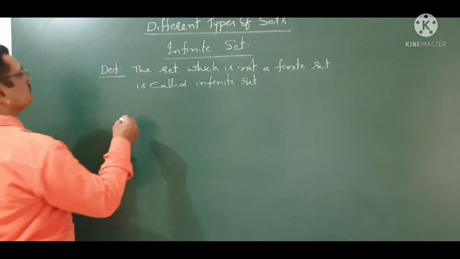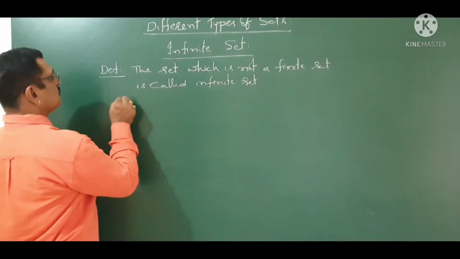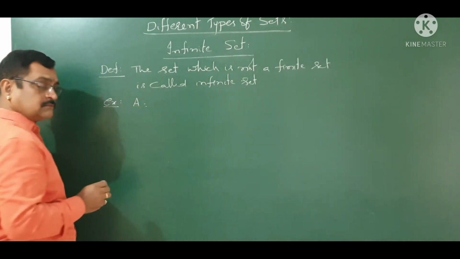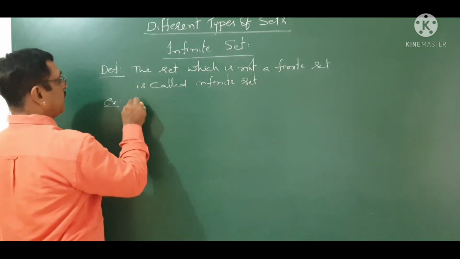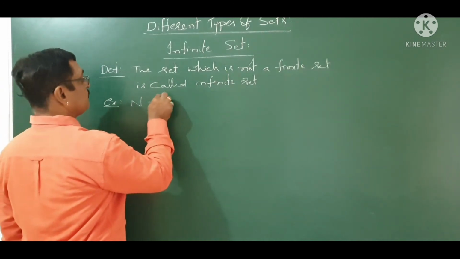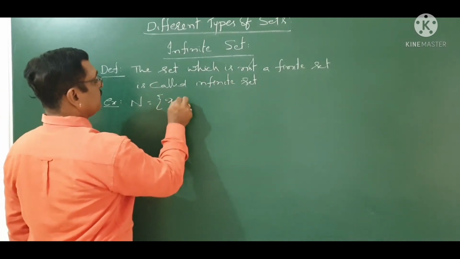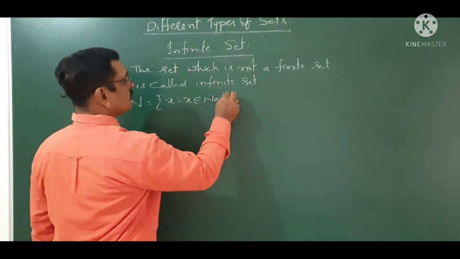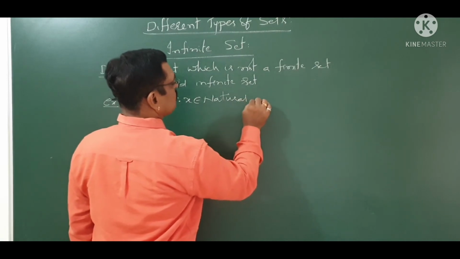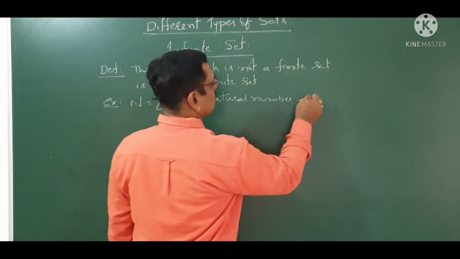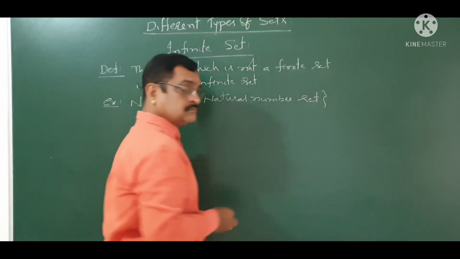So, in this one, for example, I have N, the set of natural numbers, x such that x belongs to N. Natural number set.